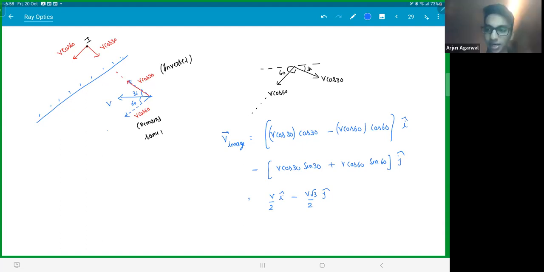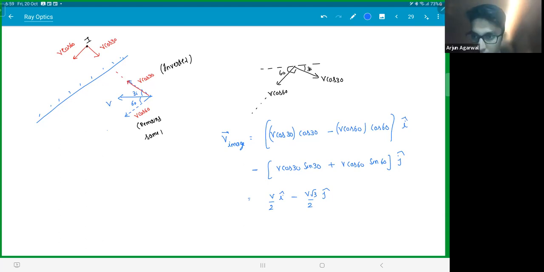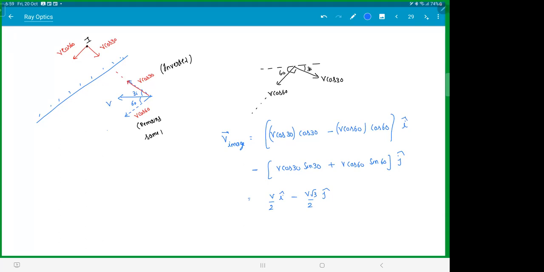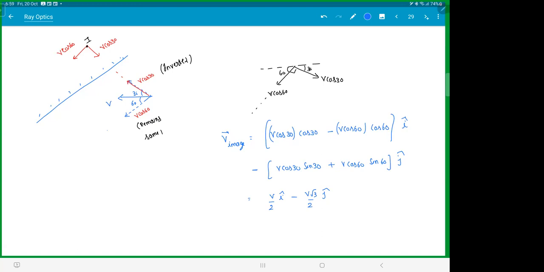So the magnitude of the velocity of the image will be the same as the object, no matter the orientation of the mirror, right? Yep. So we could have assumed the mirror to be straight. Okay.